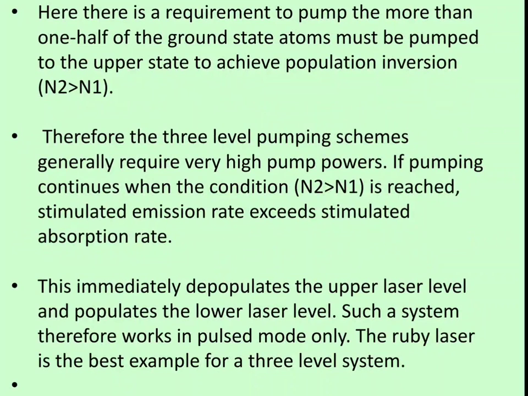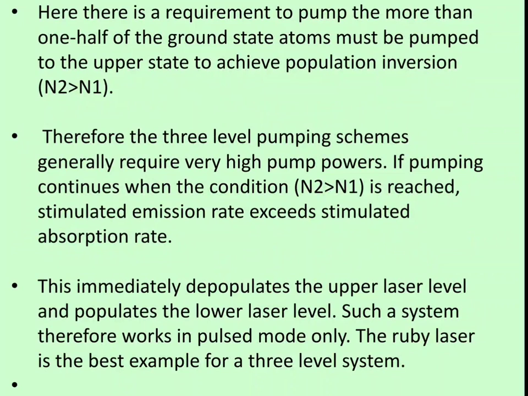Here there is a requirement to pump: more than half of the ground state atoms must be pumped to the upper state to achieve population inversion. Therefore, in the 3 level pumping scheme, it generally requires very high pump powers.